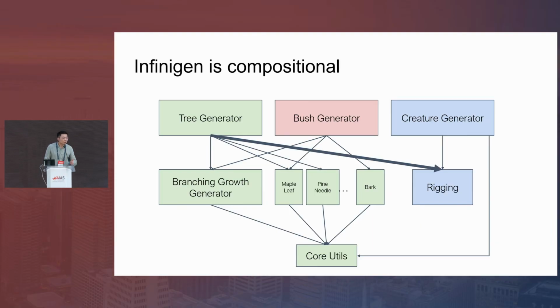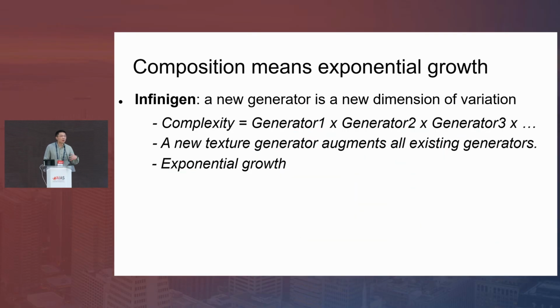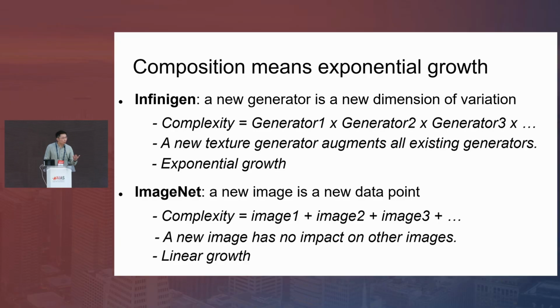So we have this compositional structure, and the result is that we can easily get exponential growth in terms of complexity and diversity. So basically, whenever you add a new generator to the InfiniGen procedural system, you are adding a new dimension of variation. So the complexity actually grows with the number of generators exponentially. If you add a new texture generator, it augments all existing generators. This is a big contrast with the static data set like ImageNet, right?